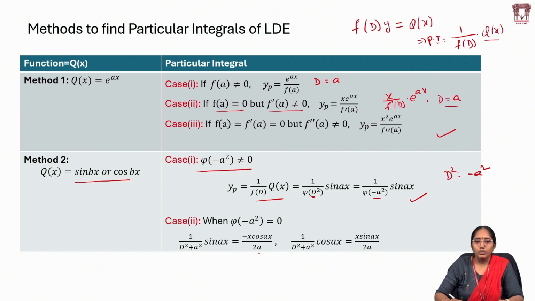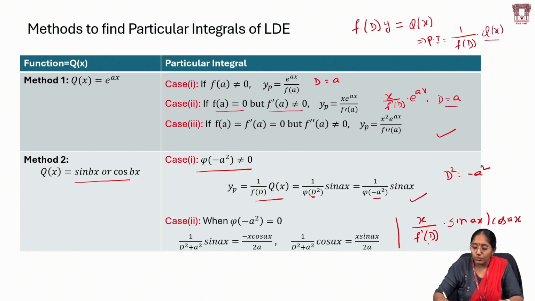Okay. 1 by D square plus a square into sin ax is equal to minus x cos ax by 2a. Or 1 by D square plus a square cos ax, then x sin ax by 2a. Or simply we can also write like this: x by the derivative of the denominator, f dash of D, into either sin ax or cos ax.